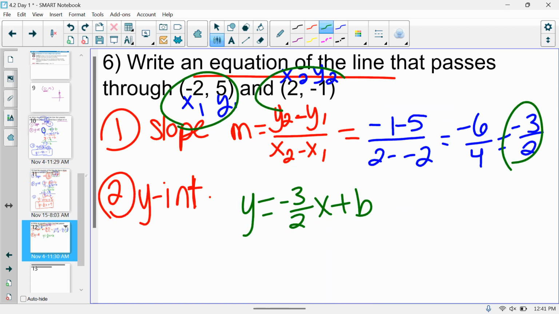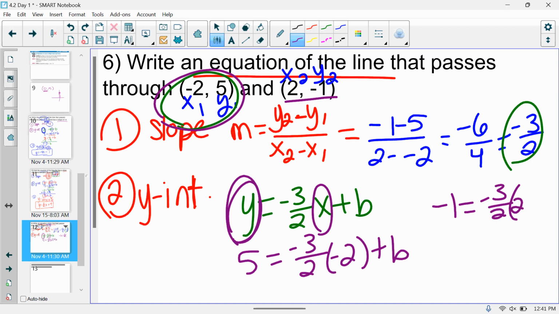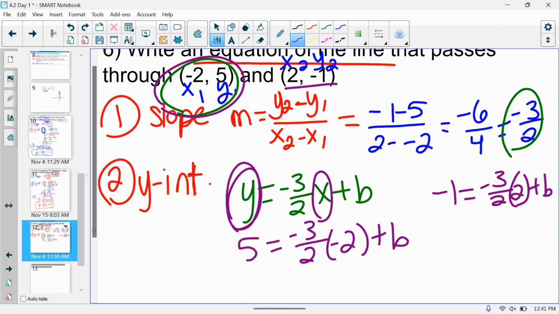If we know 2 points, or even if we knew 50 points on the line, it doesn't matter which one we pick when we go to fill in an x and a y, just as long as they're from the same pair, okay? So if I'm going to use this point, I'm going to have to make sure I put 5 for y and negative 2 for x. If I wanted to use this point instead, then I would have to put negative 1 for y and 2 for x. I'll show you that it doesn't matter. You're going to get the same thing either way, okay?